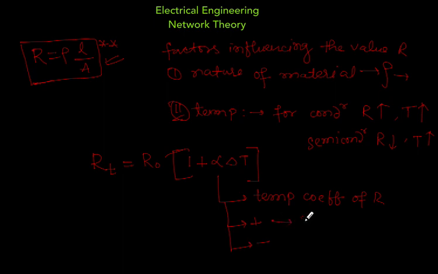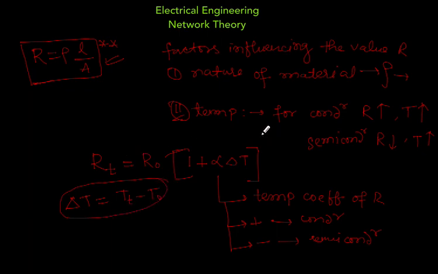It is positive for conductors and negative for insulators or semiconductors. And this delta T is the change in temperature, that is T minus T naught. So we can say how resistance depends on temperature by looking into this relation.